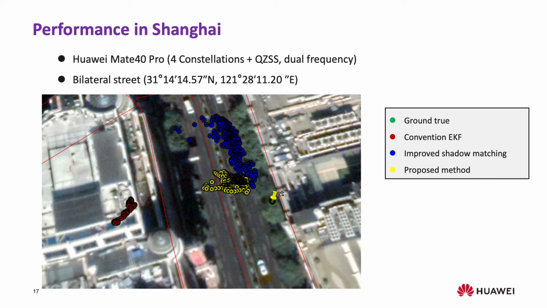The blue points are the results from shadow matching solutions. They have very good cross-street positioning accuracy, but very poor along the street direction. The yellow points are the solutions of the shadow matching algorithm combined with the Kalman filter, which is near to the ground truth point.